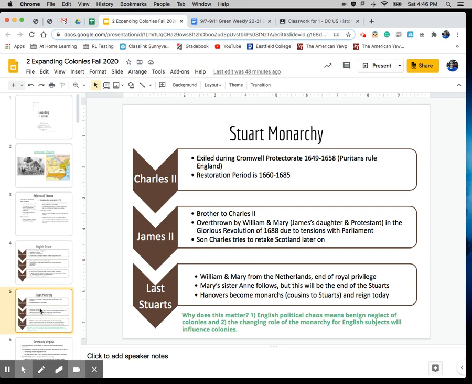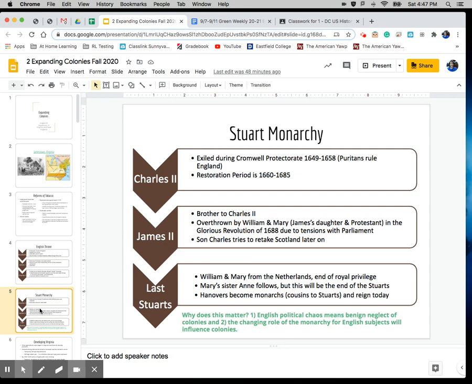And his reign is fairly calm because everybody was pretty fed up with Cromwell. And one of the interesting things, which I forgot to mention before, Charles I gets beheaded, right? And Cromwell says, oh, I didn't tell them to do that. There's a debate about whether Cromwell actually gave the order or not. But so Charles II comes in, and he's focused a lot on trying to smooth things over.